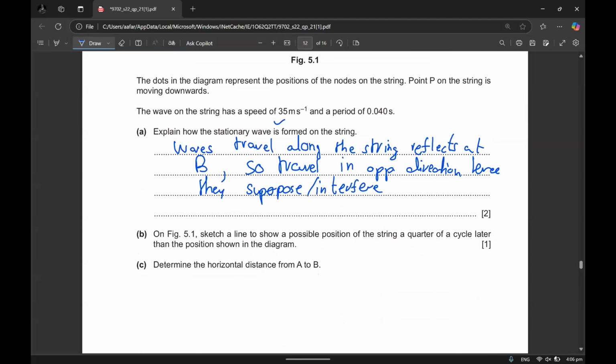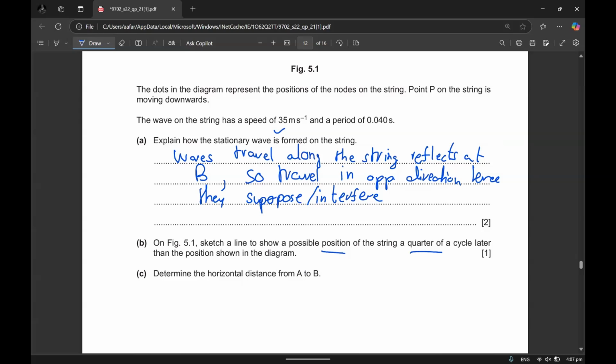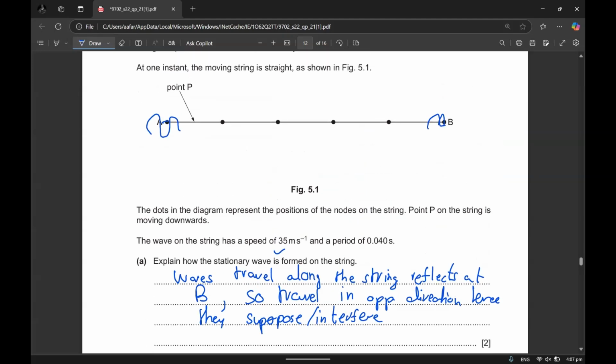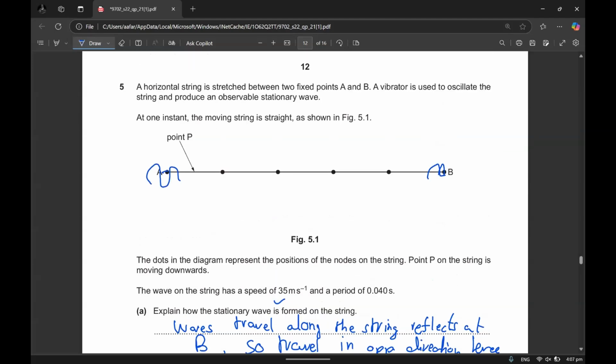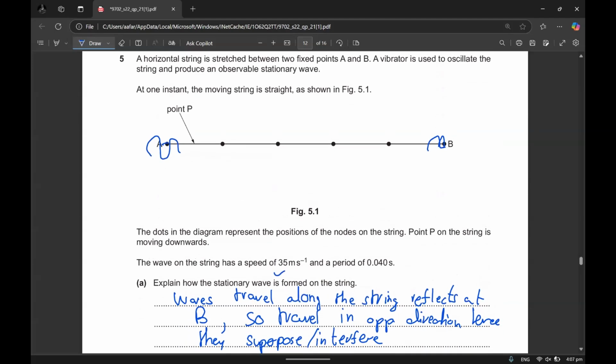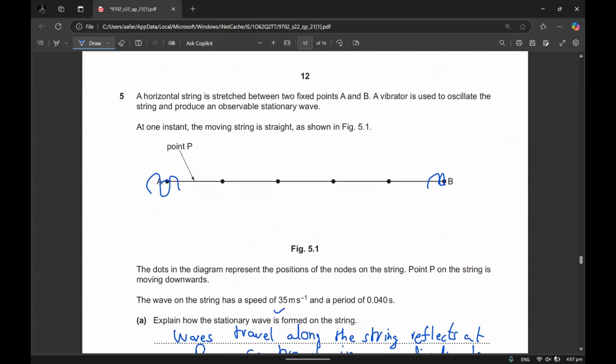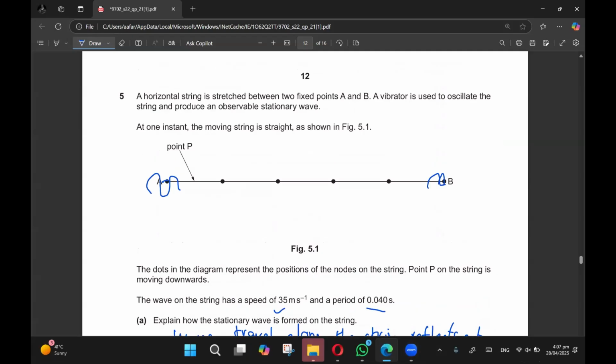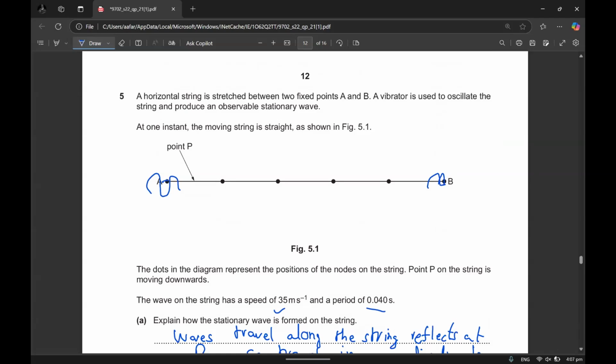On figure 5.1, sketch a possible position of the string a quarter of a cycle later than the position shown in the diagram. So basically, it has a period of 0.04 seconds. A quarter of a cycle means after 0.01 second, what will be the possible position?